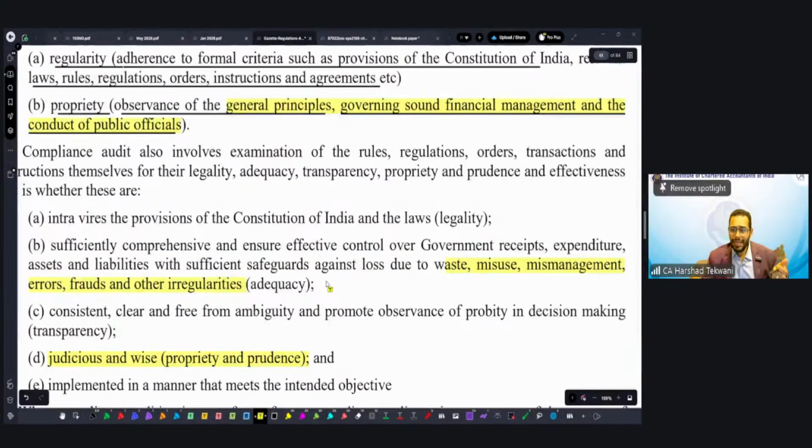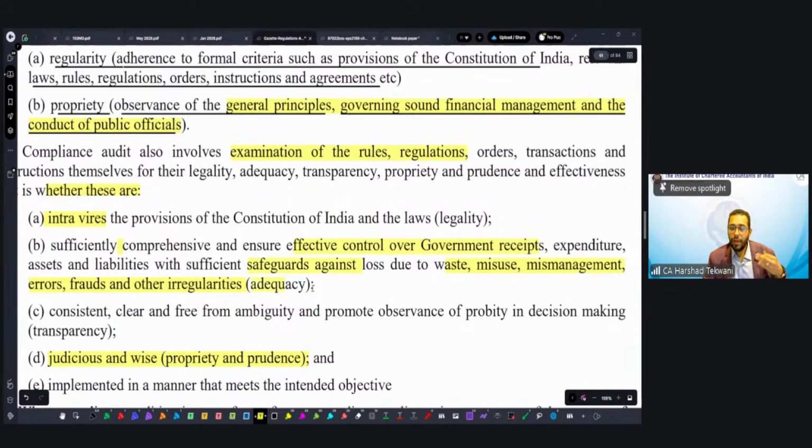These are the things that are being highlighted in the compliance audit, which involves the examination of rules and regulations. Whether these are ultra vires, that means outside the authority of that particular body, whether they sufficiently or comprehensively ensure effective control of government receipts and expenditure, or whether they safeguard against losses.